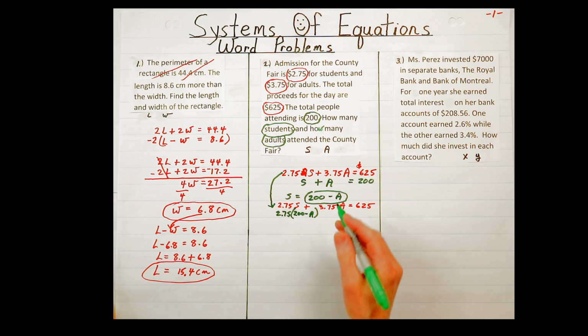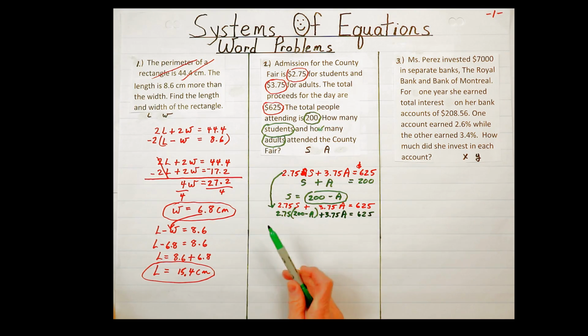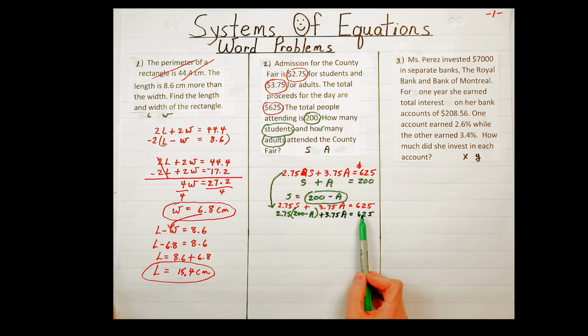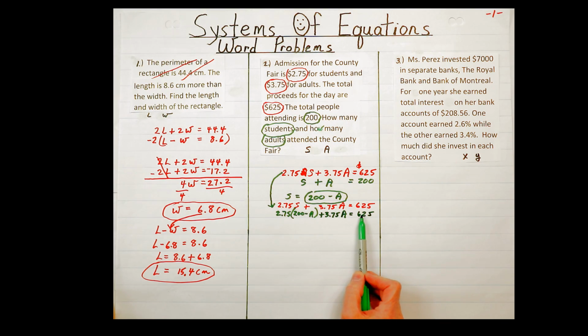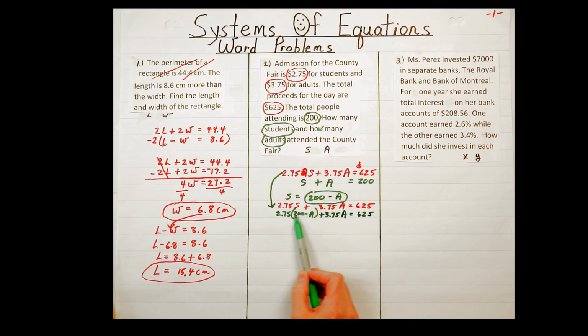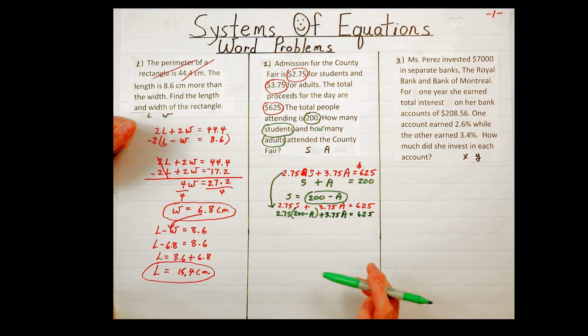And then I'm going to bring down the rest of the equation, plus $3.75 A equals 625. So when we're doing substitution, what we want is just one variable in the equation. And once we have one variable in the equation, it's straightforward.